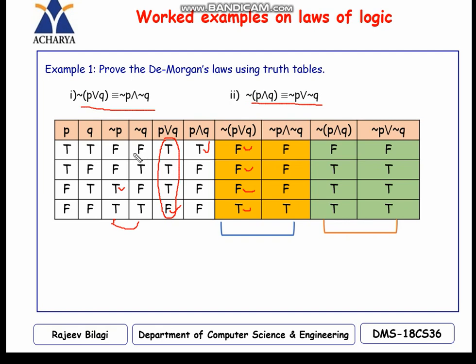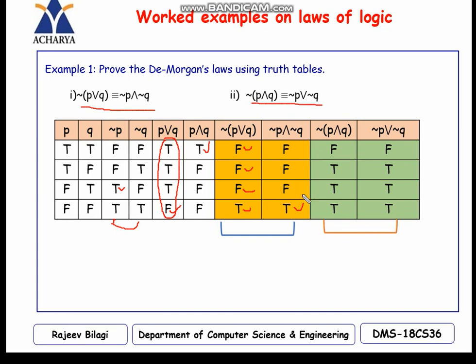The AND operator says that when both are true, then only true, otherwise it is false. If you look at the last two truth values, this is true, otherwise all are F.